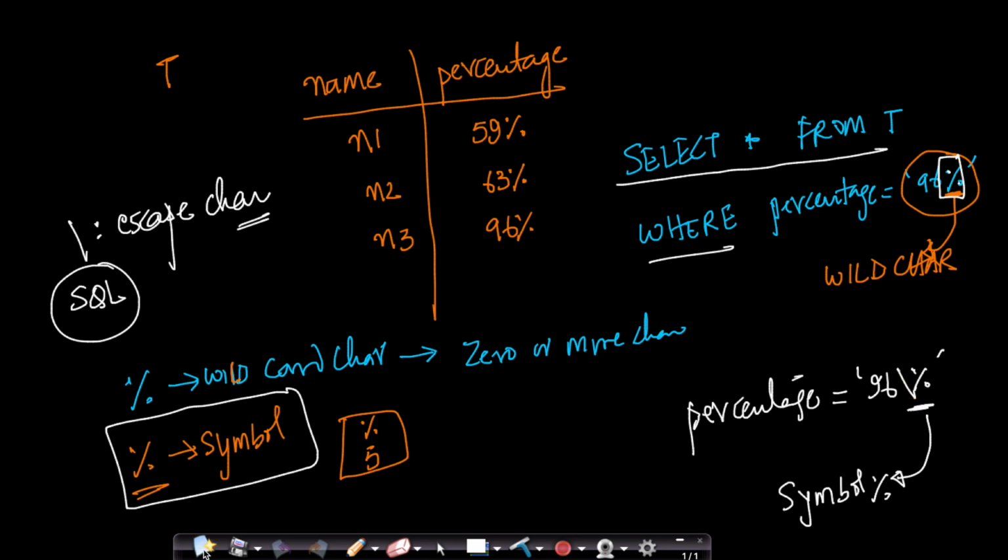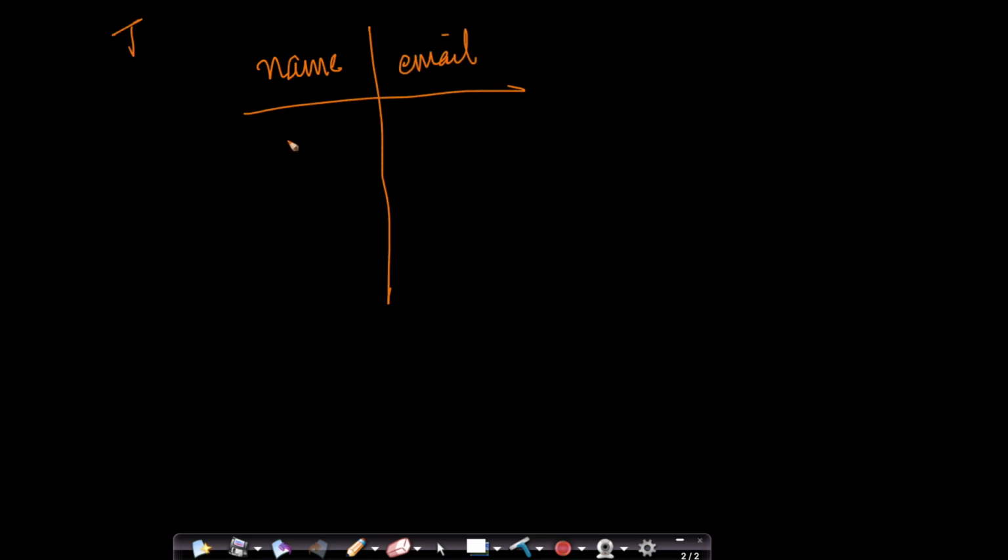Actually, remember, we have two wildcard characters, right? We have percentage and underscore. Underscore becomes very important. Let me give you an example. Suppose I have a table T, with email addresses. I have a person N1 whose email address is n1_abc@gmail, let's say.